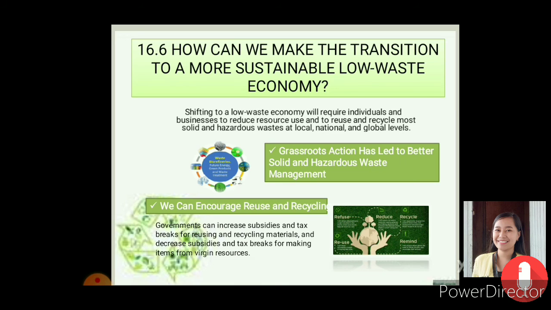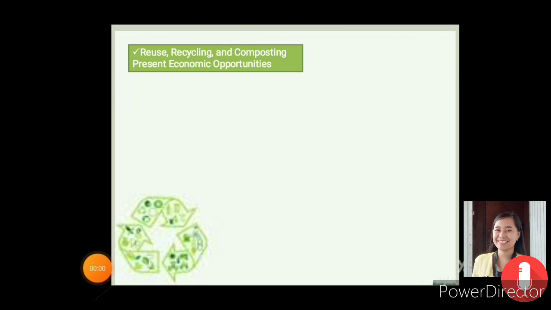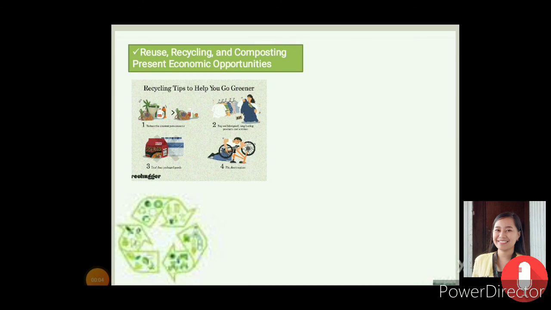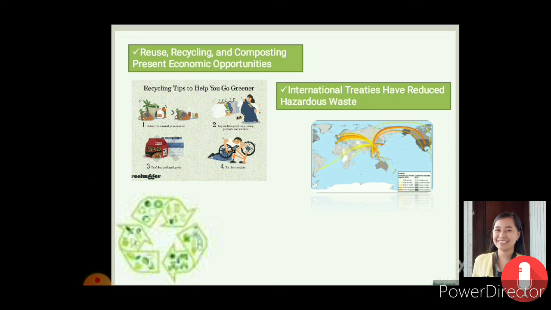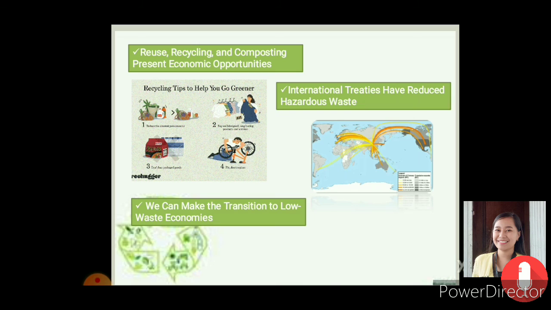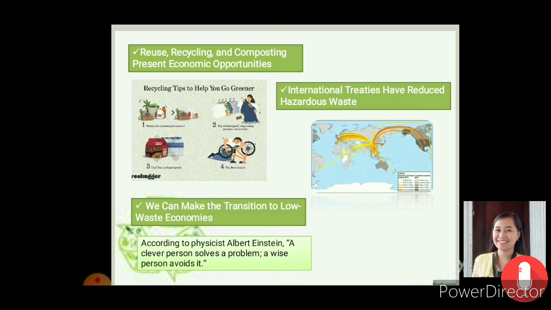Another strategy is to greatly increase the use of pay-per-bag waste collection systems that charge households for trash they throw away but not for recyclable and reusable waste. Reuse, recycling, and composting present economic opportunities. International treaties have reduced hazardous waste, and then we can make the transition to low-waste economies.